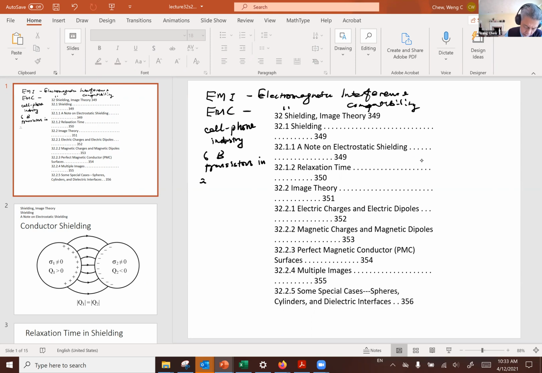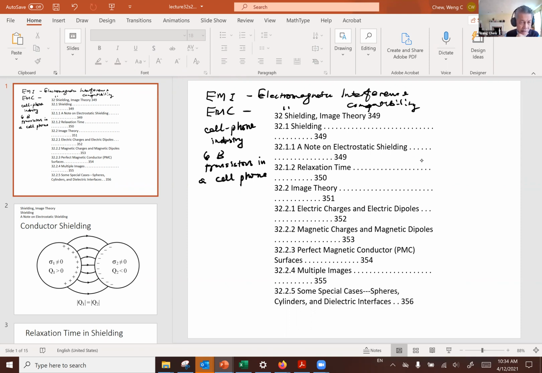You can imagine how tightly packed the electronic components are. And you like to get them not to interfere with each other as much as possible. And sometimes this could be very difficult, so you have to resort to different kinds of clever engineering.